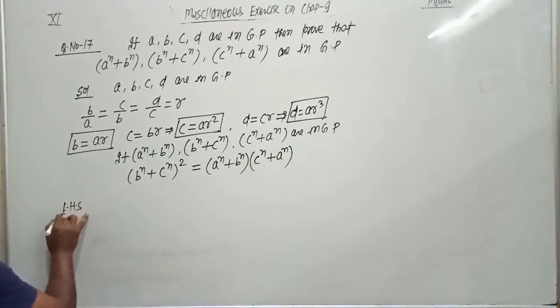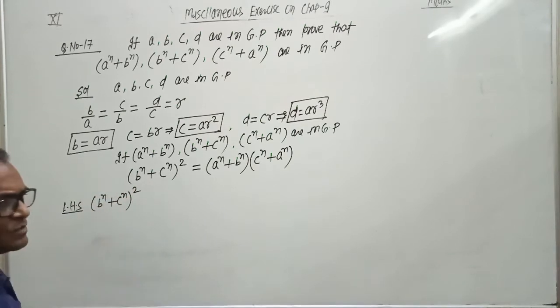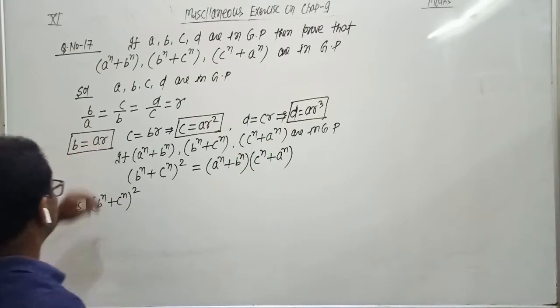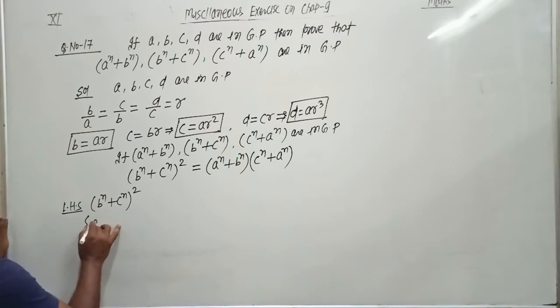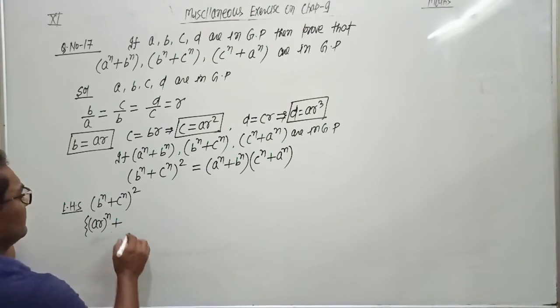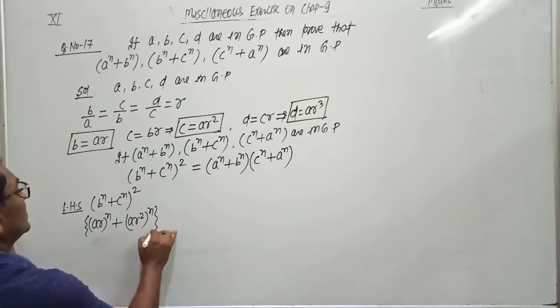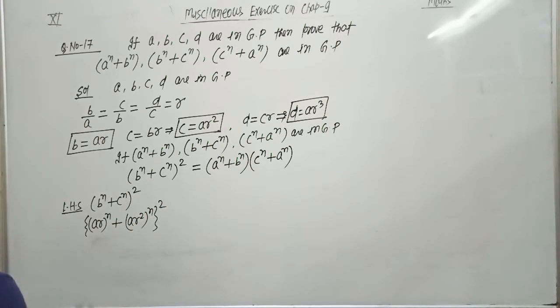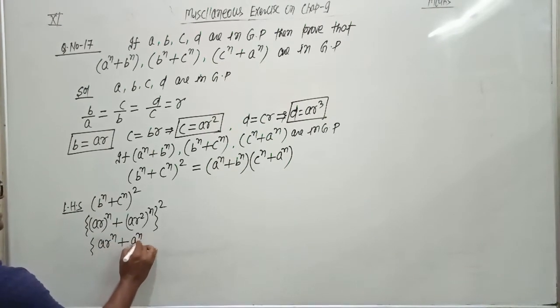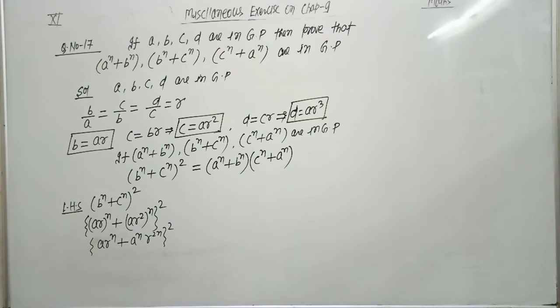So LHS is B raised to the power n plus C raised to the power n, the whole square. Put the value of B, B equals to A into R, so A into R raised to the power n. The value of C is A into R square raised to the power n, and the whole raised to the power 2. So powers are multiplied: A raised to the power n into R raised to the power n plus A raised to the power n and R raised to the power 2n, the whole square.